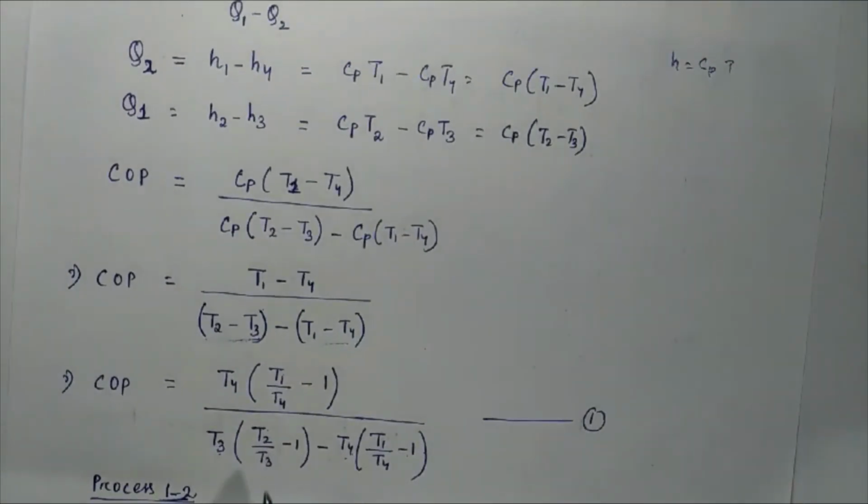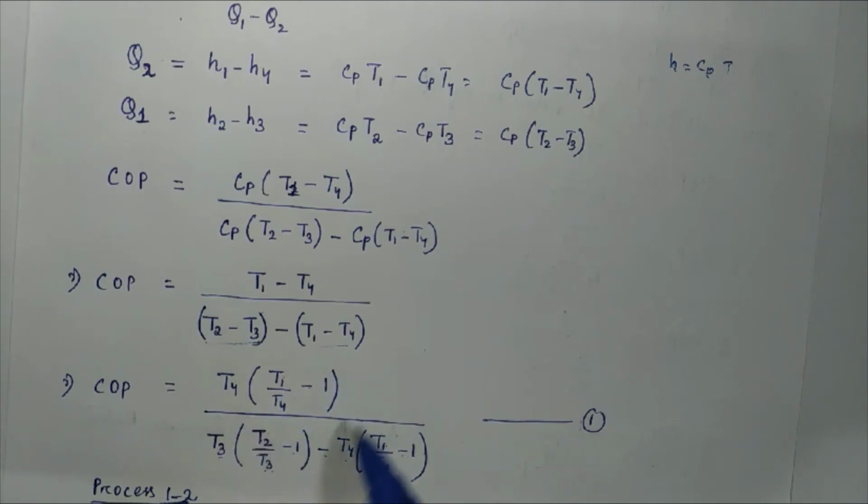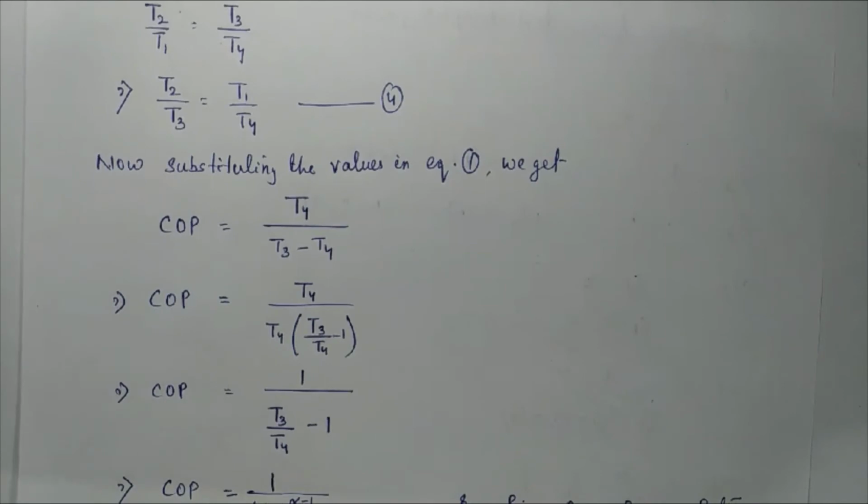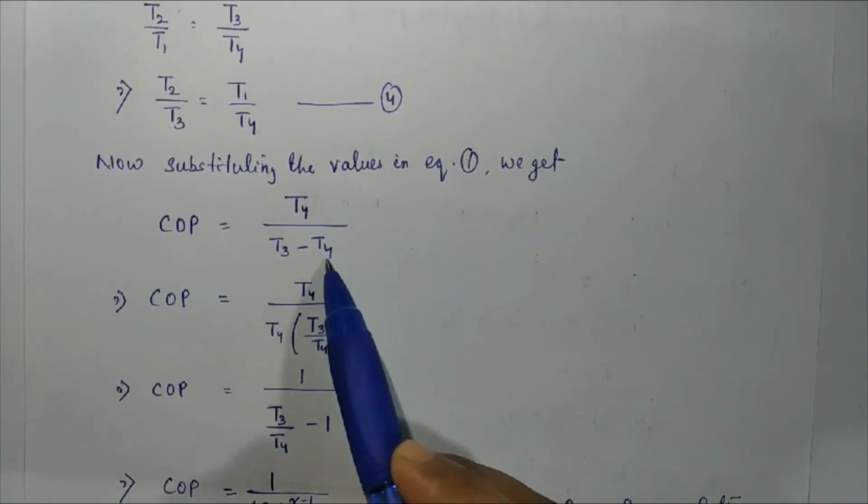So COP is equal to T4 (T1 by T4 minus 1) divided by T3 (T2 by T3 minus 1) minus T4 (T1 by T4 minus 1). Since T2 by T3 is equal to T1 by T4, this whole term cancels, and the final COP we get is T4 by (T3 minus T4).